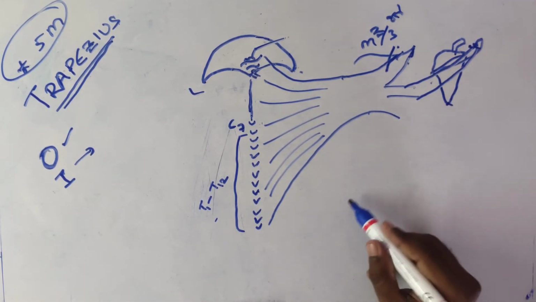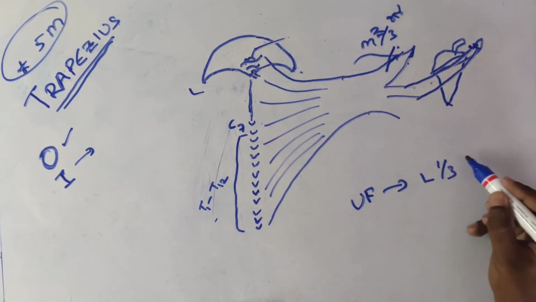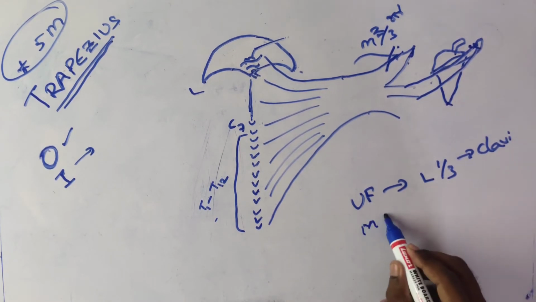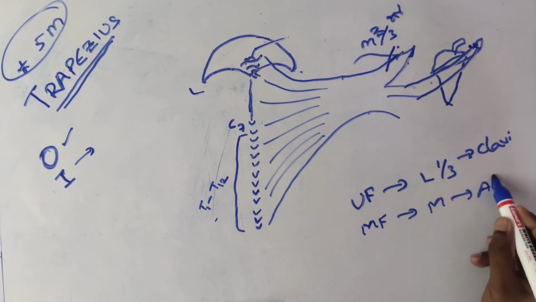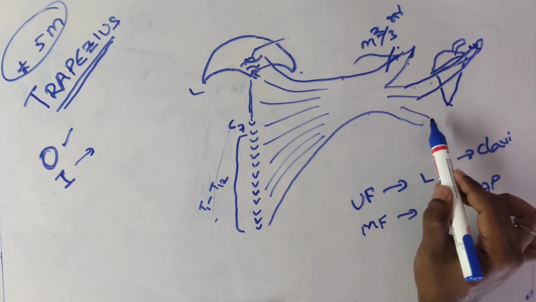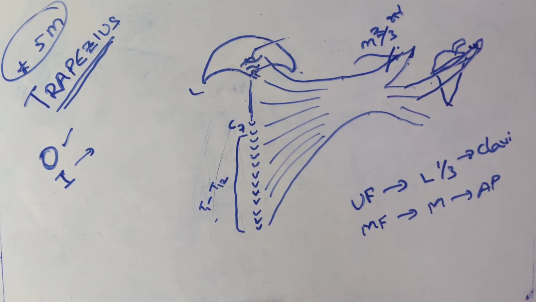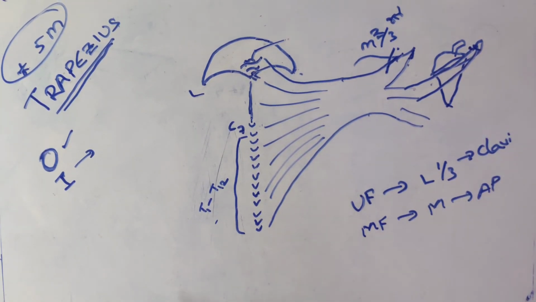I will write here. The upper fiber attaches to the lateral 1/3 of the clavicle, the middle fiber attaches to the medial acromion process, and the lower fiber attaches to the apex of the triangular area of the medial end of the spine.